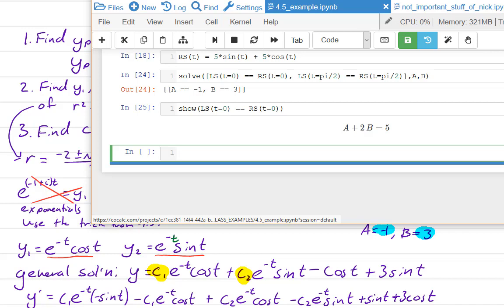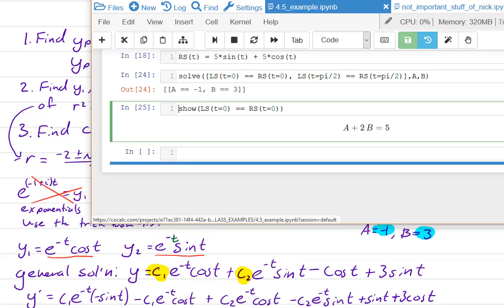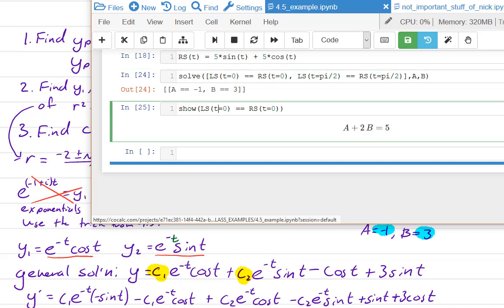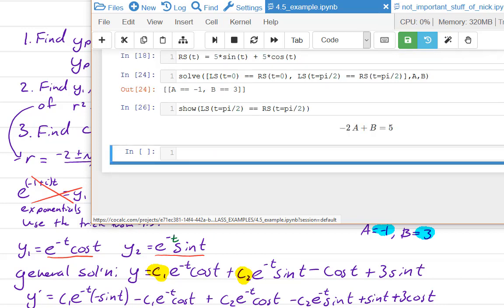That's going to be the equation a plus 2b equals 5. And then the other equation that it's solving, when you plug in pi over 2, is going to be negative 2a plus b equals 5.